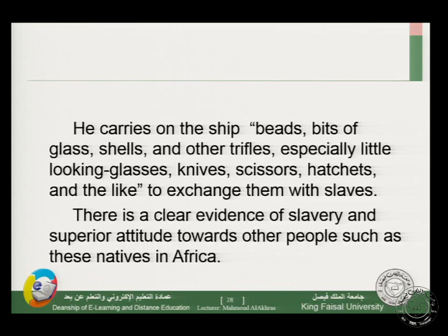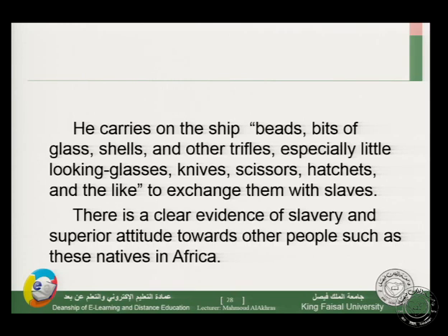He carries on the ship beads, bits of glass, shells and other trifles, especially little looking glasses, knives, scissors, hatchets and the like. So he has some objects with him in order to trade in Africa, to exchange them for the slaves.